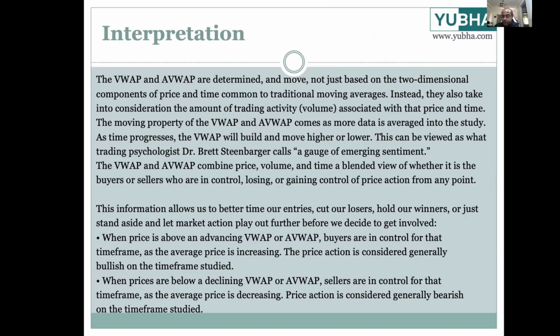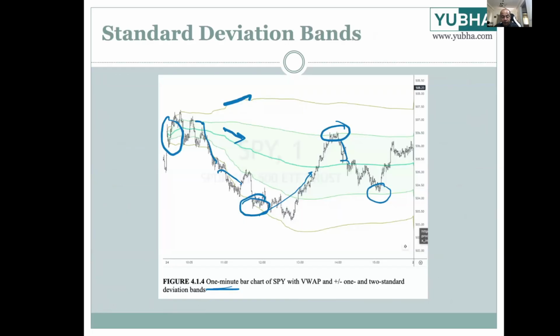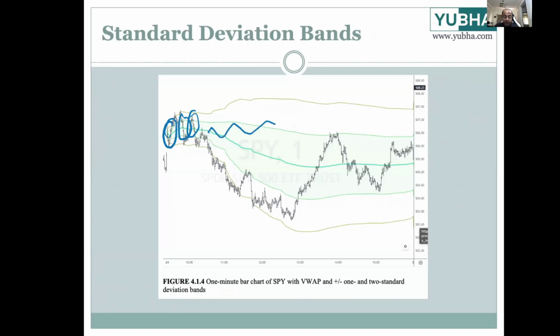So the property of VWAP and AVWAP comes as more data is averaged into the study. So what happens is that, in the beginning of the day, okay, what you will see is that the prices will be very close to the VWAP, and the VWAP will move very quickly. It will move up and down depending on how the prices are fluctuating and how the volumes are.